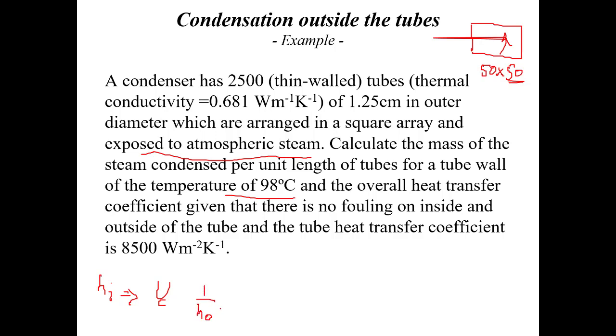Or in this case we can call it HC. Similarly, we also need to calculate what is the value of Q based on this condensation. Okay, so let's look at the solution of this problem.